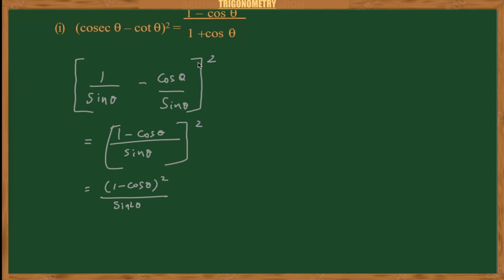By looking at the right hand side, we can see that it is coming somewhere similar to what we are trying to get here. So 1 minus cos theta. Let's put this square in terms of, can we represent this as 1 minus cos theta into 1 minus cos theta? In this way, multiply, it becomes square. We will not change the value here. Sin square theta.